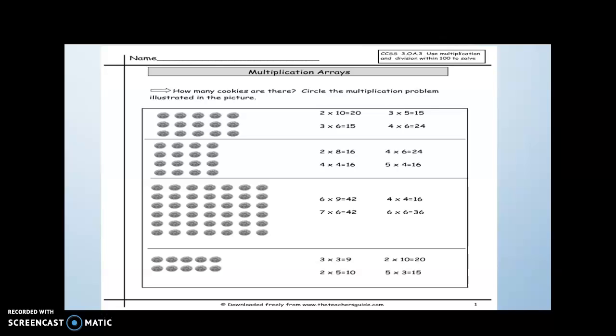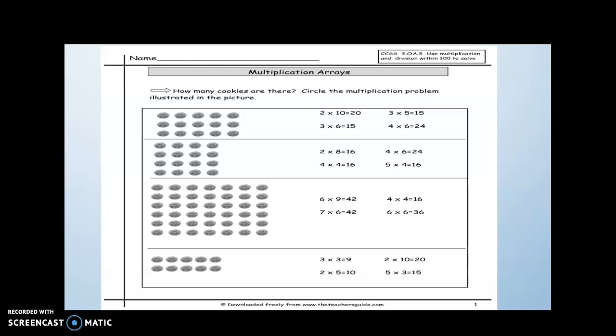Great job. Now this third question is a whole lot of cookies. So we know it's not 16, right? It could be 42. We have 2 options there, but is 9 times 6 42? No. So we know it is 7 times 6. So we have 42 cookies. And the last one, how many cookies?